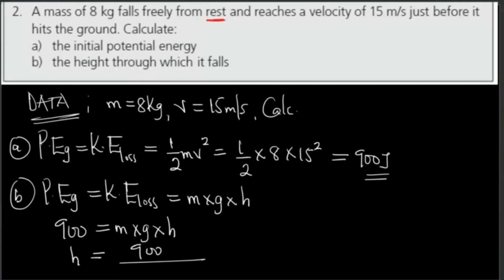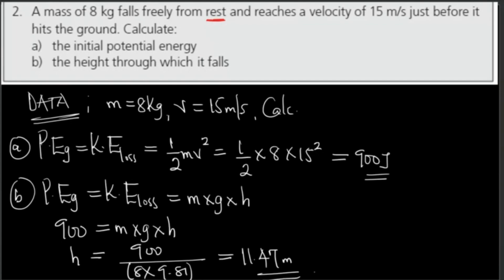The mass, which is 8, times gravity, which is 9.81. What will be the height? 11.47 meters. So that's the height through which the object of mass 8 kg falls from rest with that particular velocity.